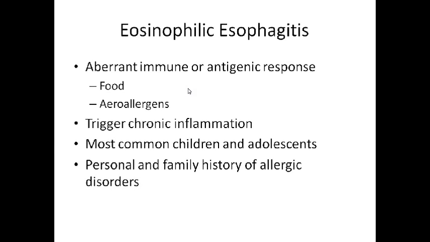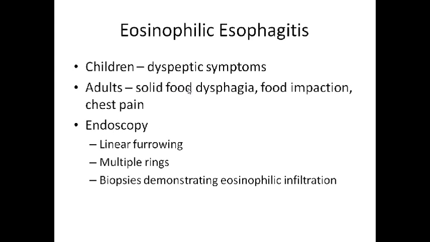Again, this is more common in children, adolescents, and also if there's a family history of any kind of allergic disorders, eosinophilic esophagitis can be seen in these patients. Again, more common in children.